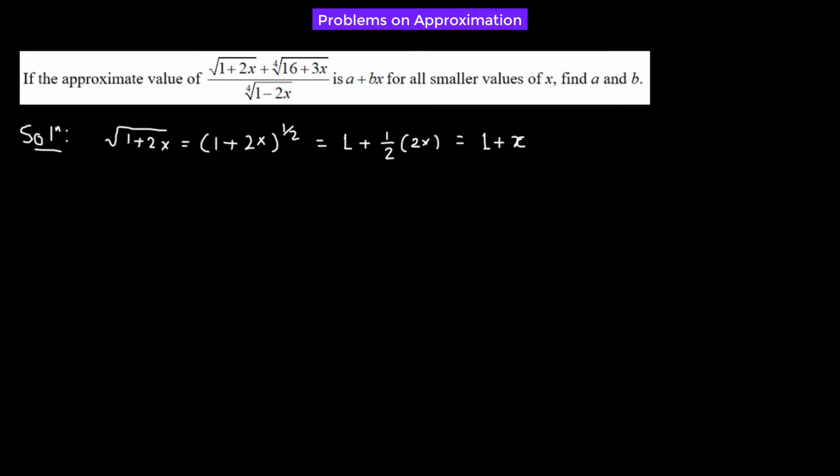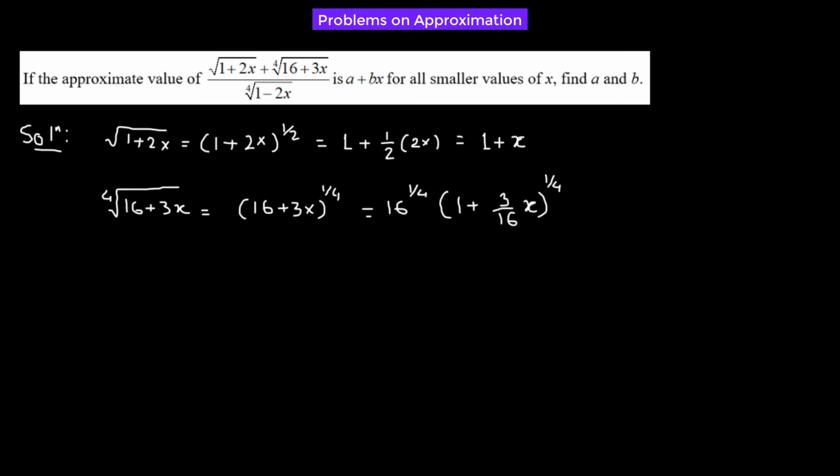Then we consider the second term, which is the fourth root of 16 plus thrice of x. So we can rewrite it as 16 plus thrice of x raised to the power of 1/4. Then we factor out 16, so we have 16 raised to the power of 1/4 times 1 plus 3 over 16 times x raised to the power of 1/4.